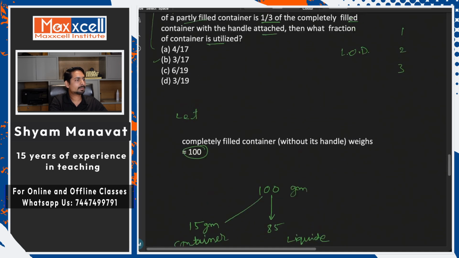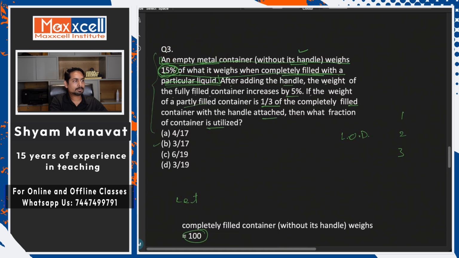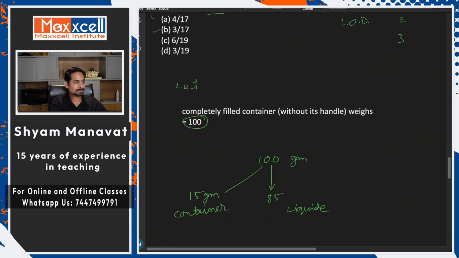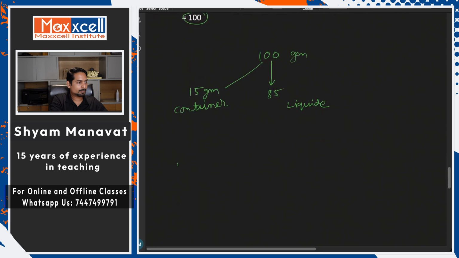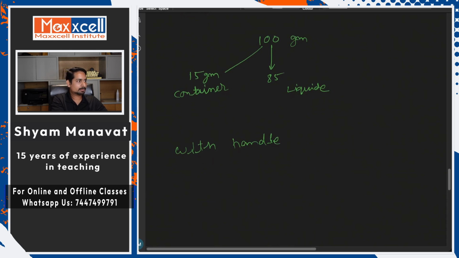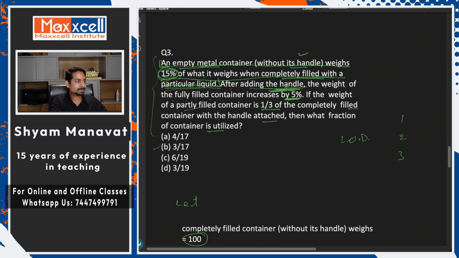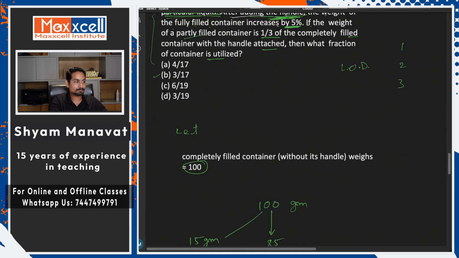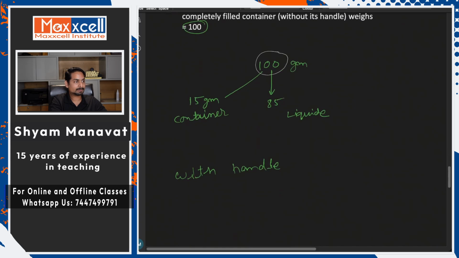Now further the question said, after adding the handle, if you measure with the handle, it is increased by 5% more. That means now with handle, it's going to be 5% more of the completely filled container. 5% of 100 grams.